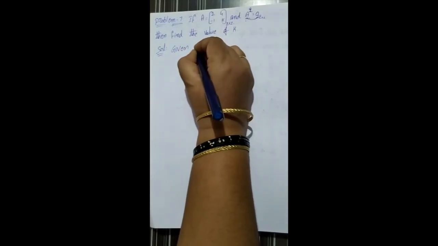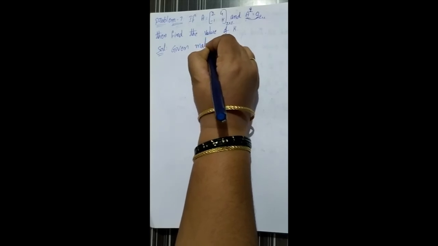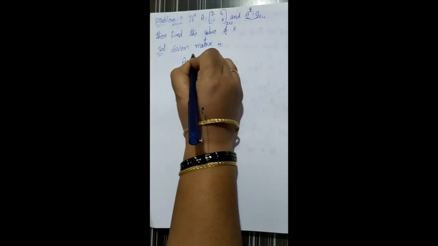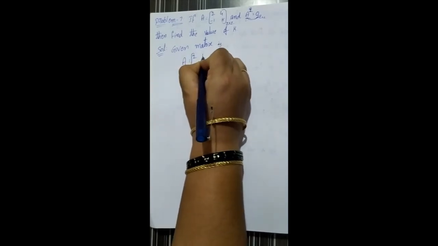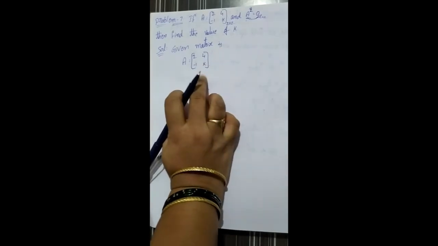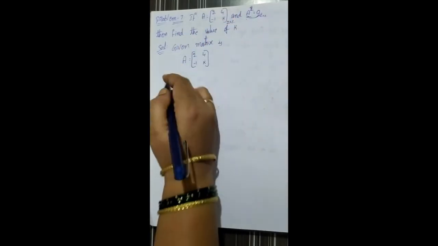First write down the given matrix A equal to 2 4 minus 1 k. Next we can find the A square value.